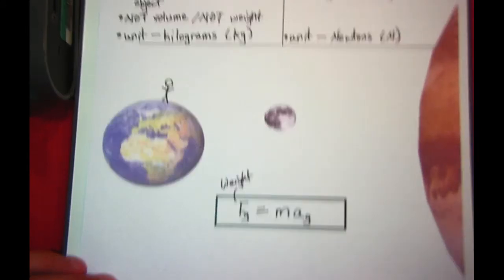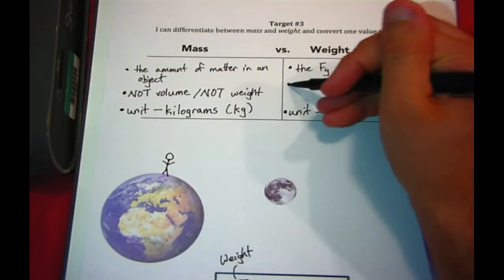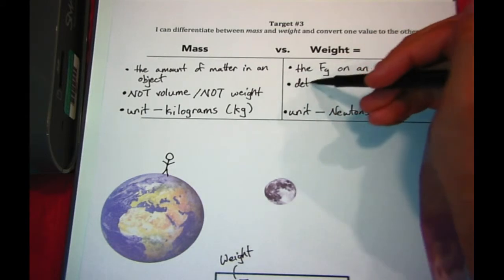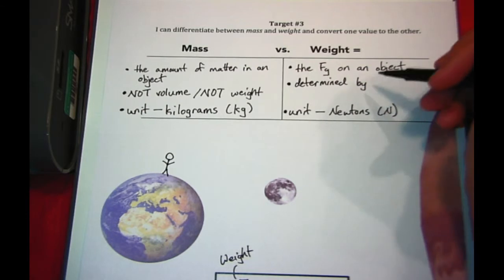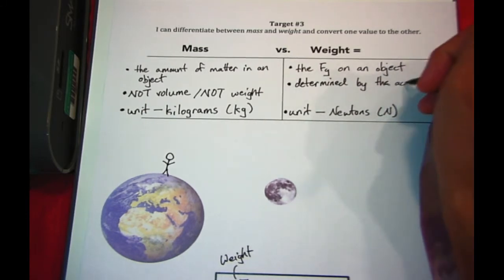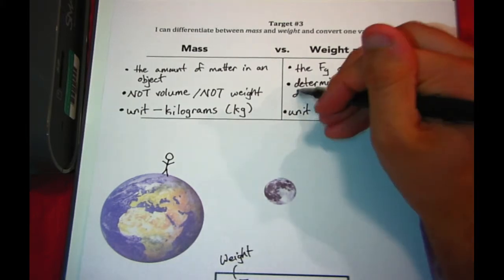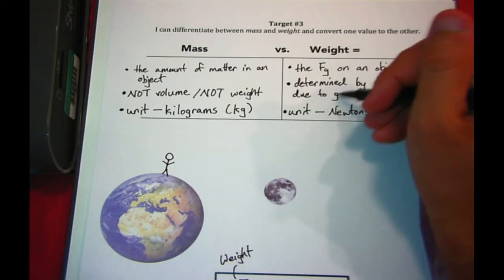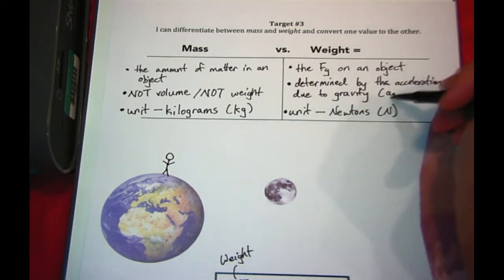And so our weight is determined by the acceleration due to gravity, a little g.